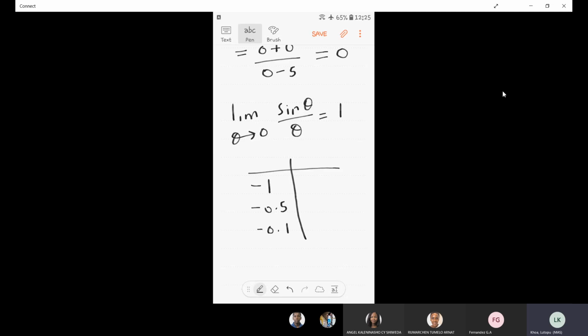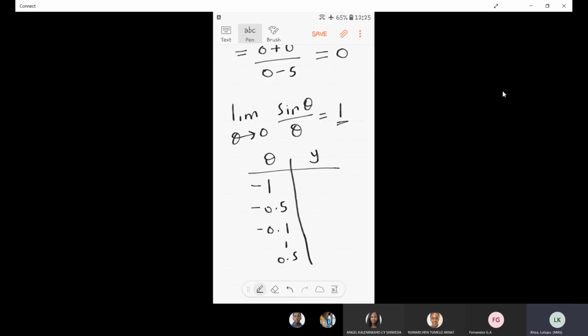You approach 0 from the left hand side, and then do the same thing, approach 0 from the right hand side. So you start with 1, 0.5, and then show that these values of y are indeed approaching 1. So that's what the exercise means. It's just to demonstrate that you are able to substitute values into your equation.